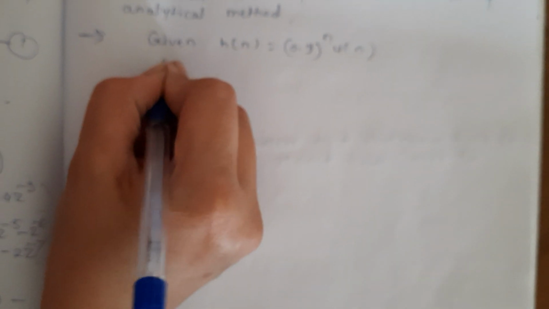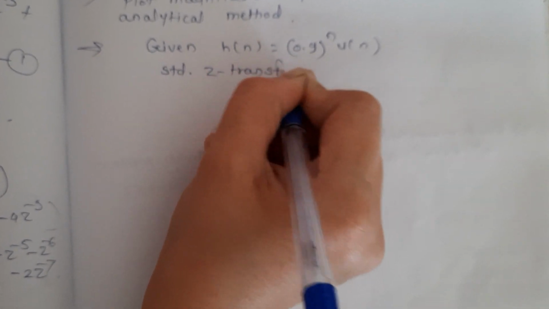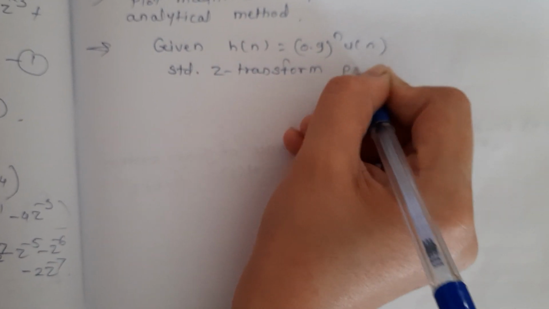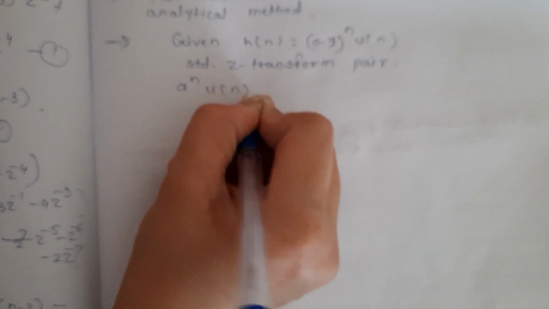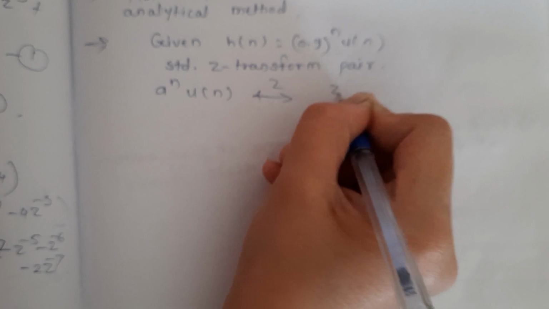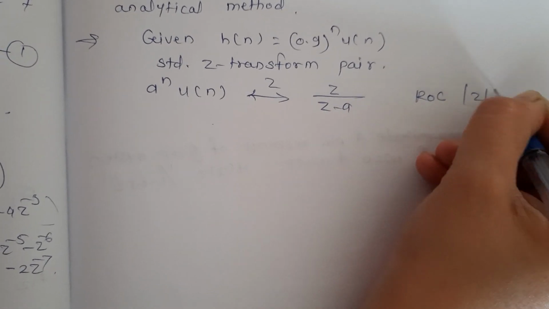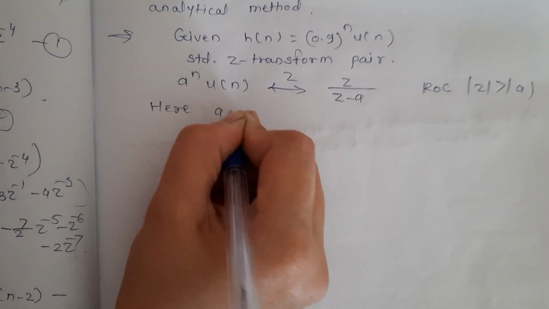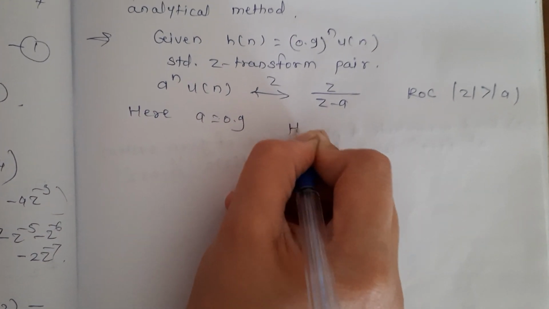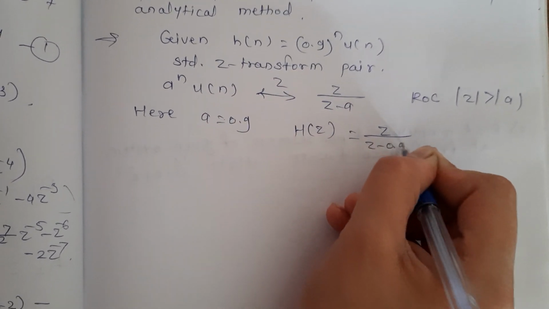Now we have the standard Z transform pair: a raised to n u of n is z by z minus a, ROC is mod z greater than mod a. Now here a is equal to 0.9, so H of z is equal to z by z minus 0.9.